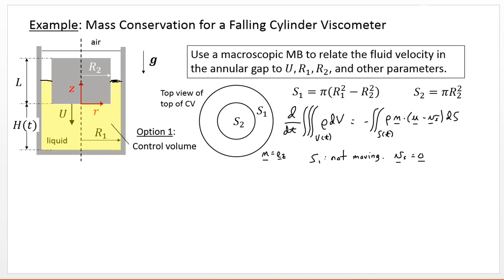Even though the cylinder is moving down, our control volume is not moving in that particular location. So surface velocity is equal to 0. And what is u? Well, u is simply the fluid velocity in the gap.